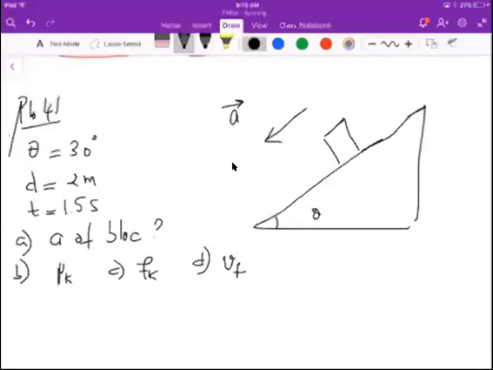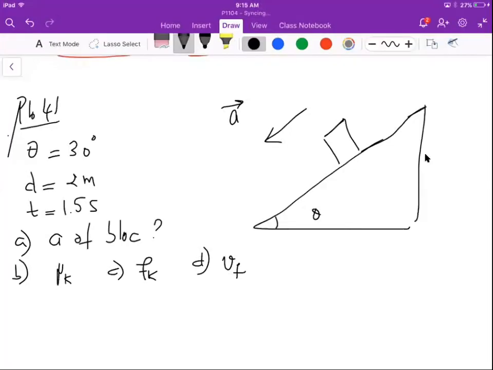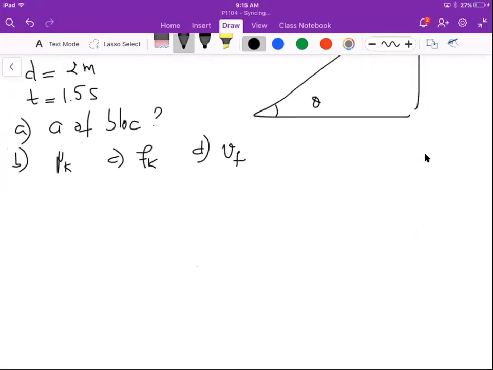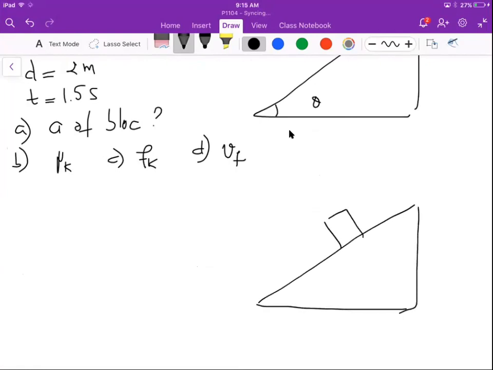Okay, so let's start. We need to determine first the acceleration of the block, given that the object has slid 2 meters in 1.5 seconds. Let me just draw this again. So this is the block in here. The block is moving in this direction, right?